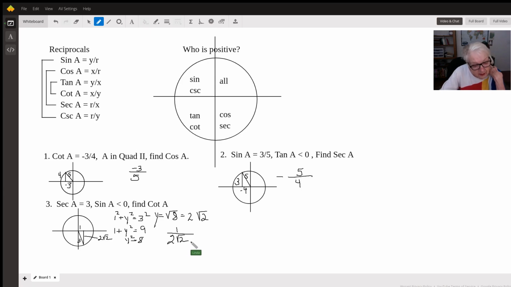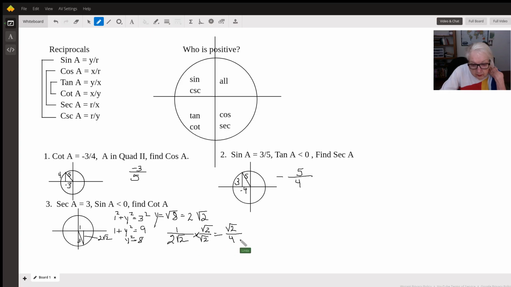Now I say an answer because we don't like leaving the radical in the denominator, so we're going to play a cute trick on it and multiply. This is called rationalizing. Multiply the top and the bottom by the square root of 2 over the square root of 2, and multiplying straight across, your answer is the square root of 2 over, now, square root of 2 times square root of 2 is the square root of 4, which is 2, times 2 is 4.